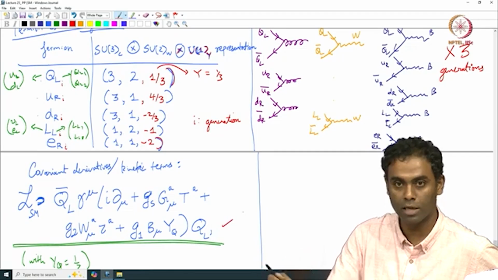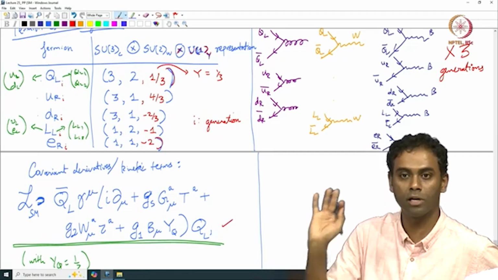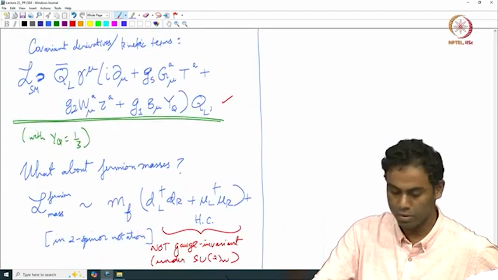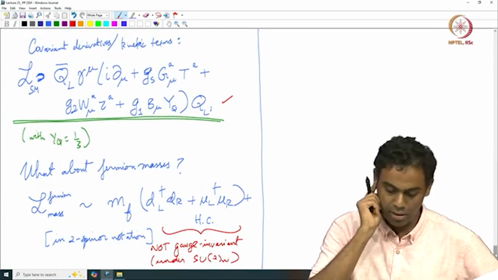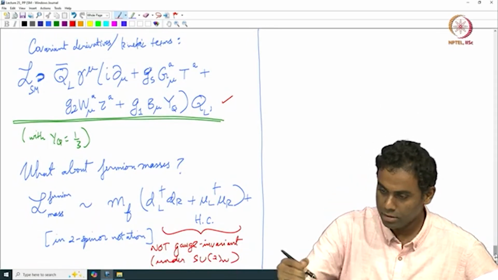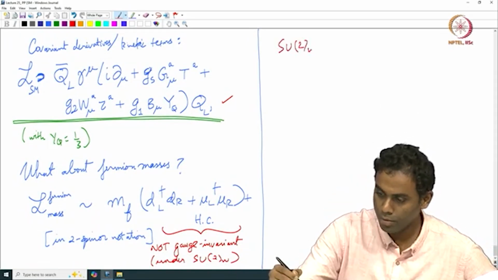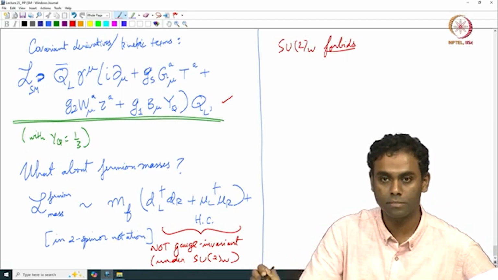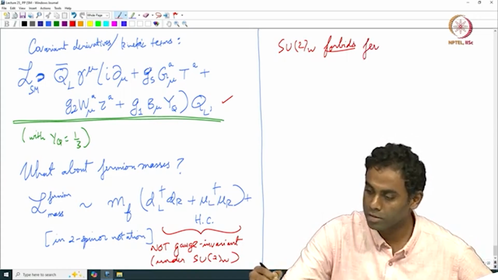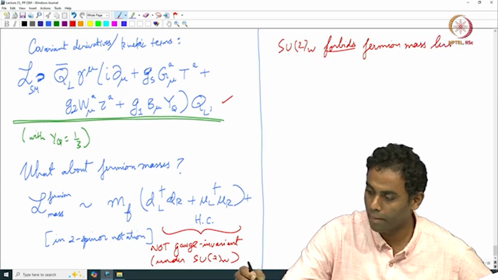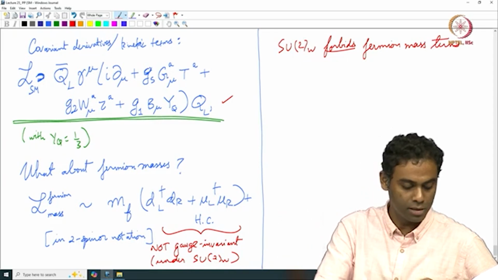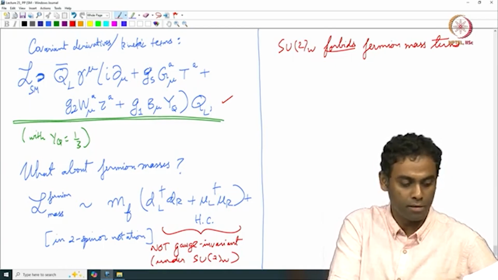That's what we are seeing here already. I just wrote down a Lagrangian explicitly for left-handed fields. So put differently, the gauge invariance of SU2W forbids fermion masses, or fermion mass terms. So necessarily we are living in a massless theory.